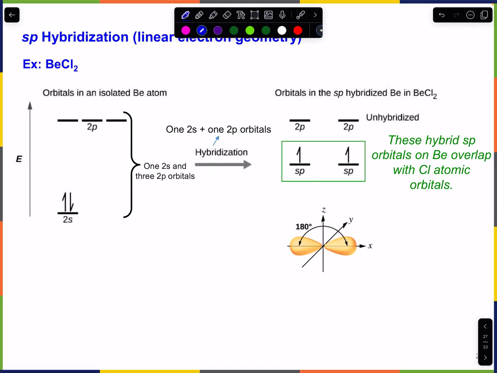Another example, when you have this molecule, for instance, BeCl2, beryllium is going to have two valence electrons. Those two valence electrons will be located on corresponding sp orbitals, ready to make bonds, right?